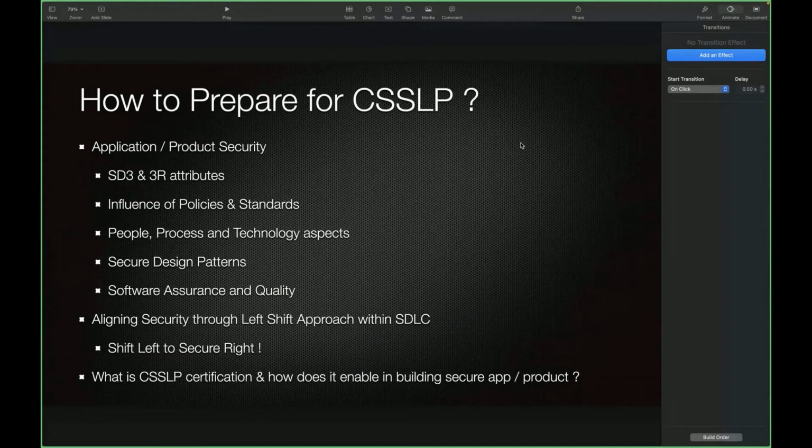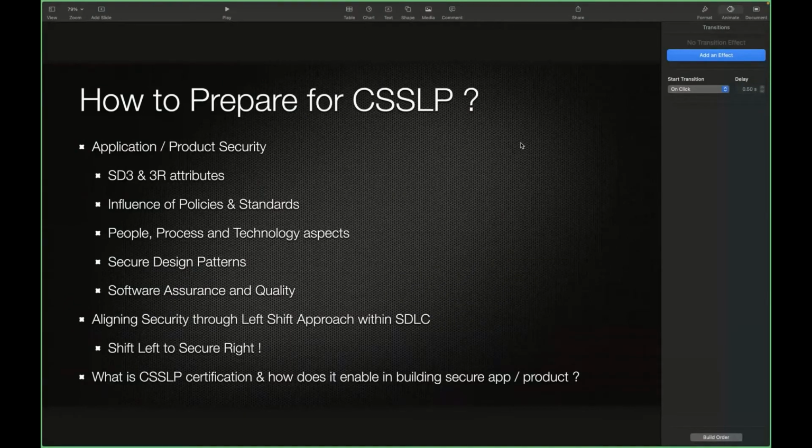So secure by deployment is the third SD, which is very important from an application or product security standpoint. Well, we covered the first part, what is SD3.